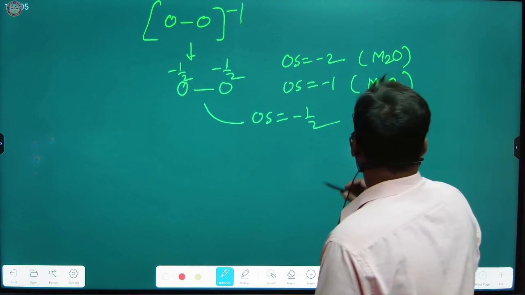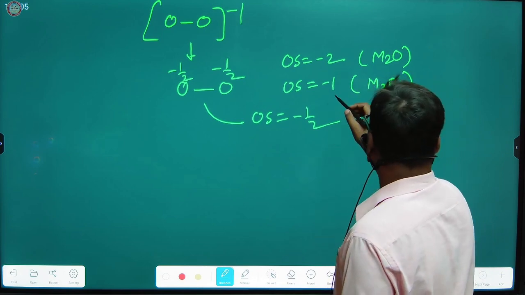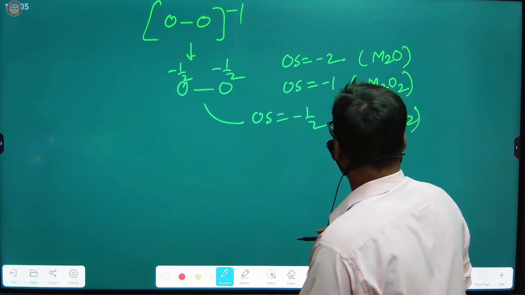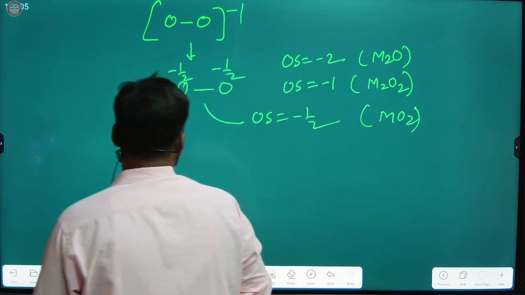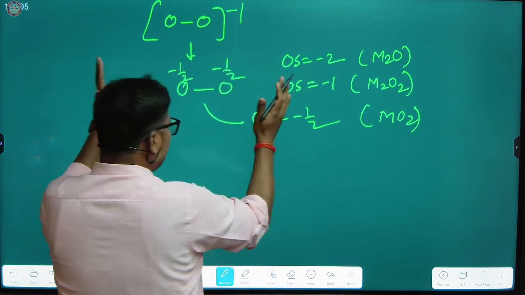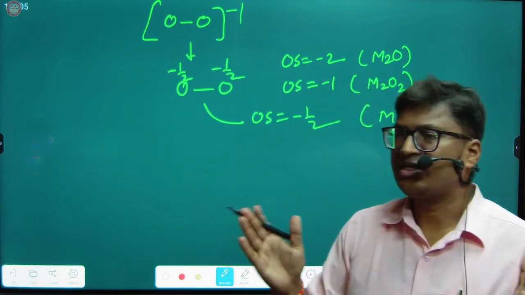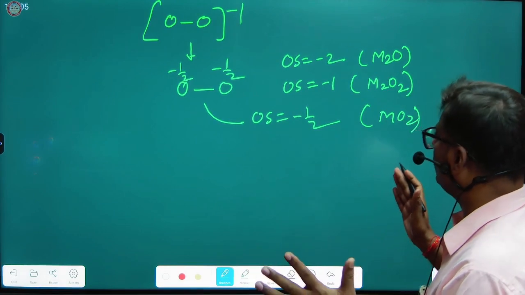So there is high charge density on oxide anions, then charge density minus 1, and there is minus half charge on superoxide anions. So this oxygen has less repulsion in comparison to the peroxide structure, where minus 1 charge exists on each oxygen atom.